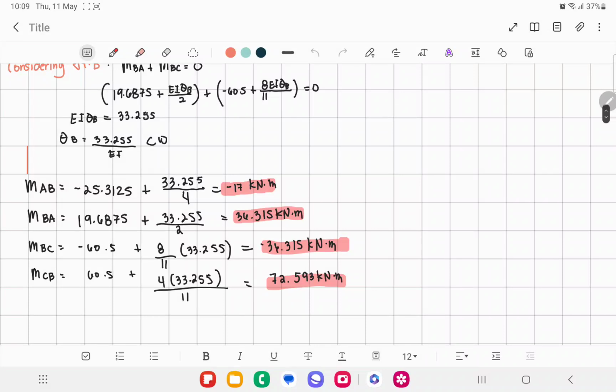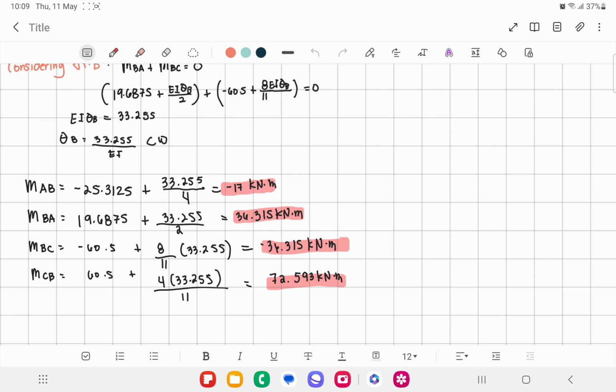Therefore, we can now say that the moment at AB is equal to negative 17 kilonewton meter and moment at BA is just 36.315 kilonewton meter. And as you can notice, the moment at BC is negative 36.315.